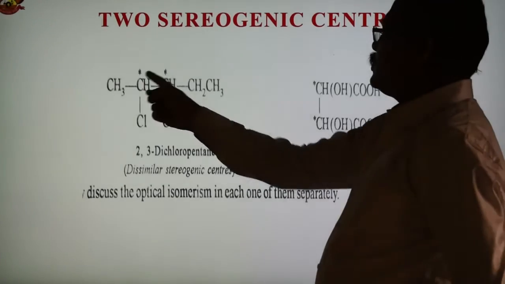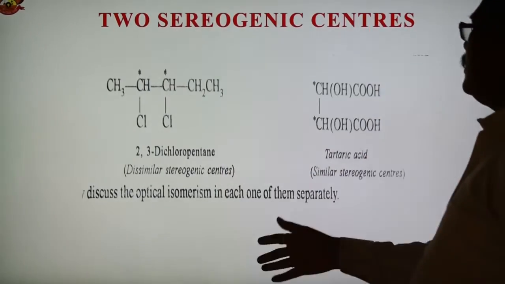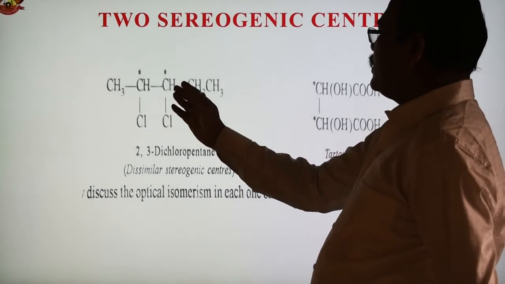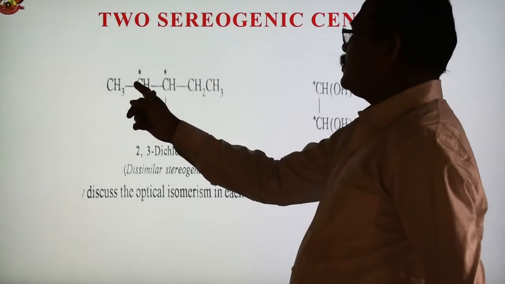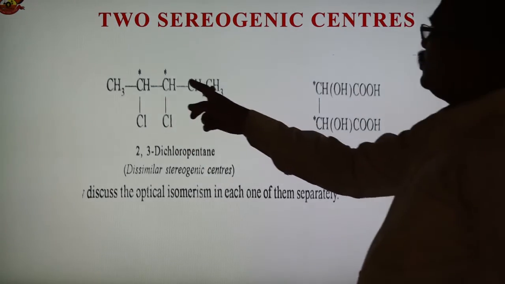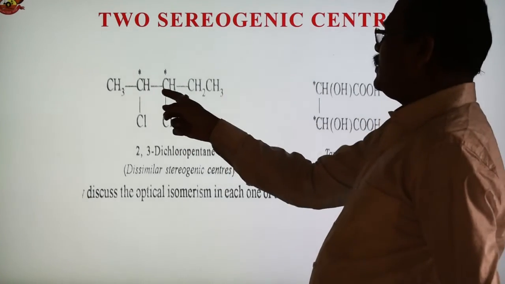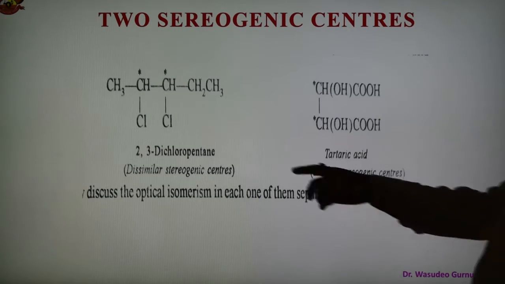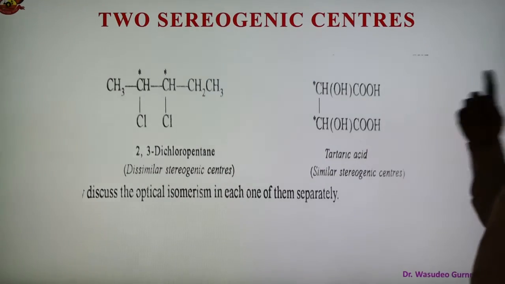So there are two stars, so two stereogenic centers are there. In the first compound, this stereocenter is attached to this group, and this stereocenter is attached to this methyl group. So two carbons are there, stereogenic centers, but they are attached to different groups, they are dissimilar. This is known as dissimilar stereogenic centers.